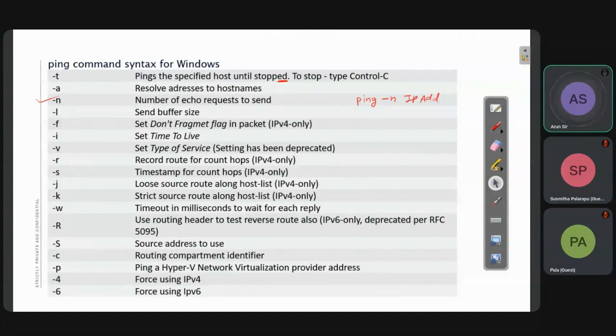All these demonstrations I'll show you in the command window itself. You can also practice this. These are the various things that you can take a screenshot of and try by yourself.